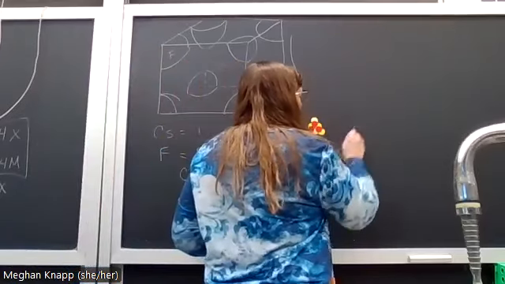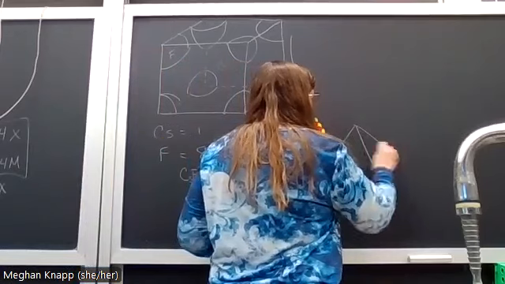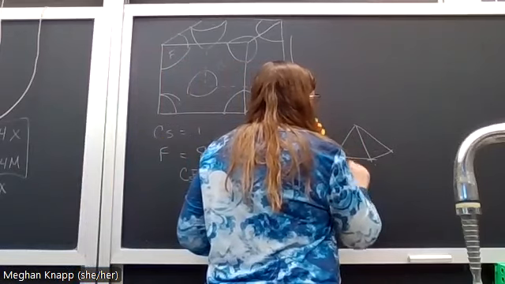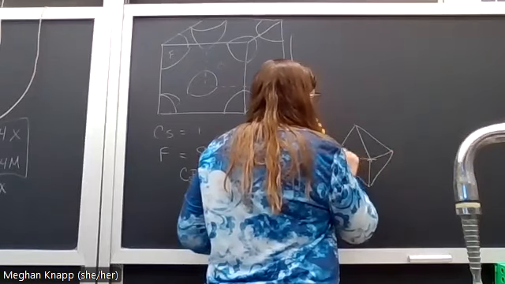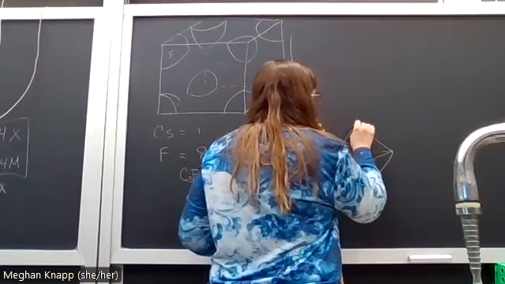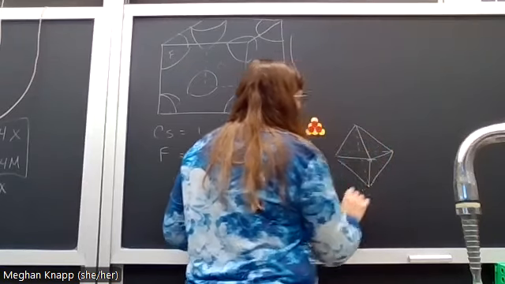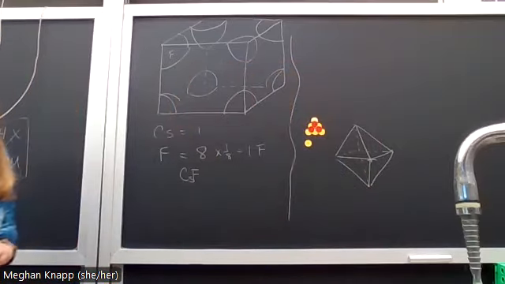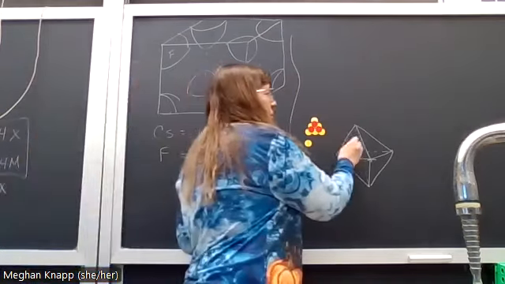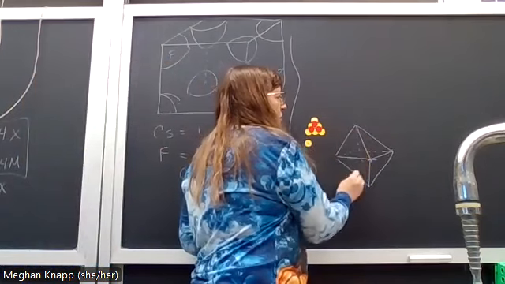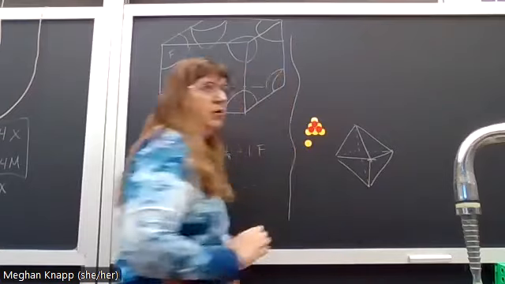So what that looks like is this. It's got 6 corners, but it's got 8 faces. 1, 2, and then in back 3, 4. 1, 2, and in back 3, 4.